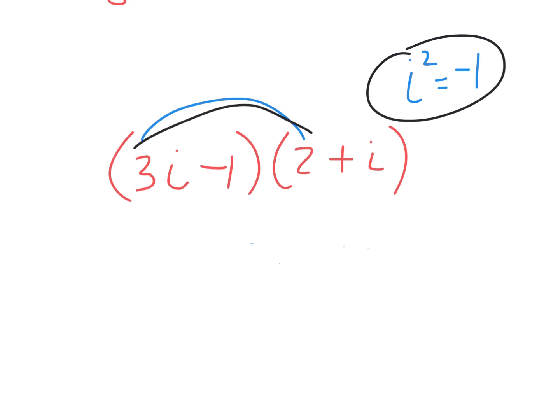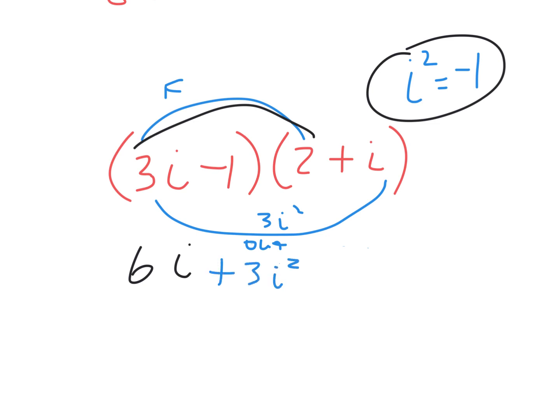So let's do it. 3 times 2 is 6i. And then personally, I do it in this order. The outside ones are next for FOIL. This was the first one. This is the outside. And that's 3i times i is 3i squared. And then I do the inside ones. -1 times 2 is -2.